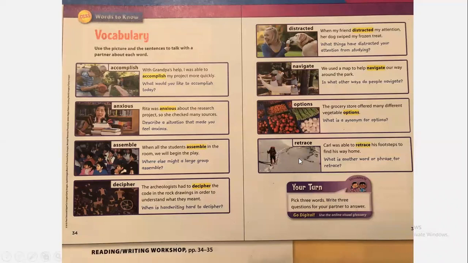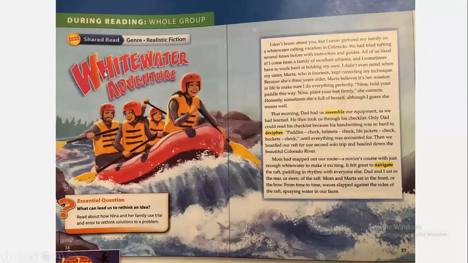Now in your reading writing workshop textbook, we have a short story we're going to read together to practice our vocabulary words and make sure that you know the meanings. Who would like to read? I would like to see new hands, please, guys.